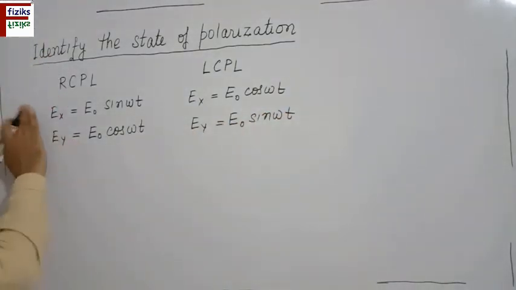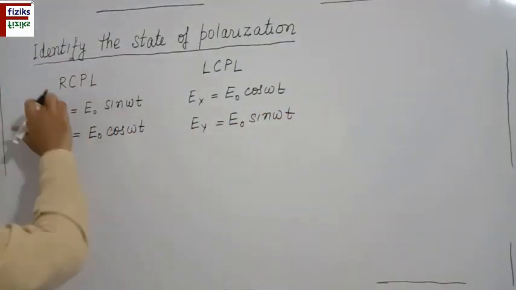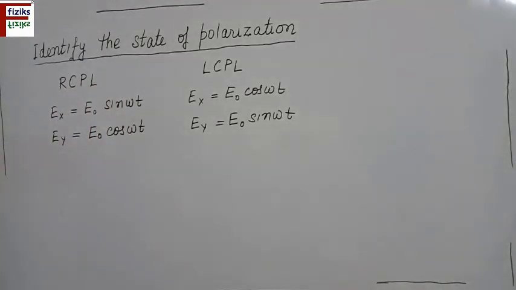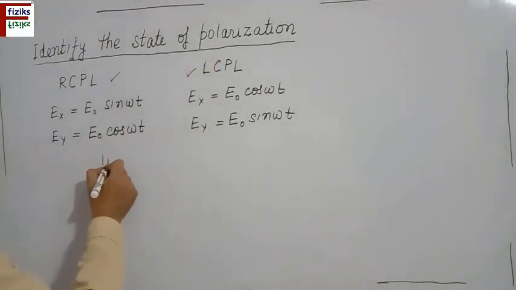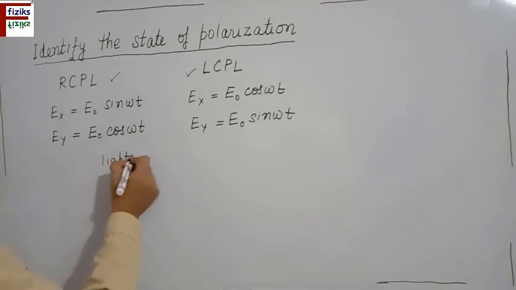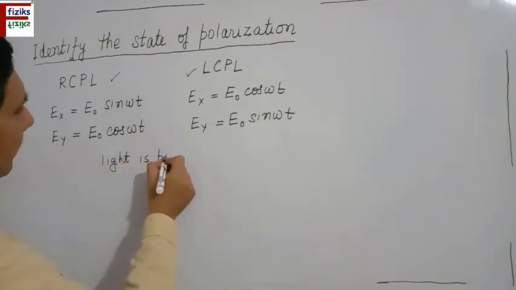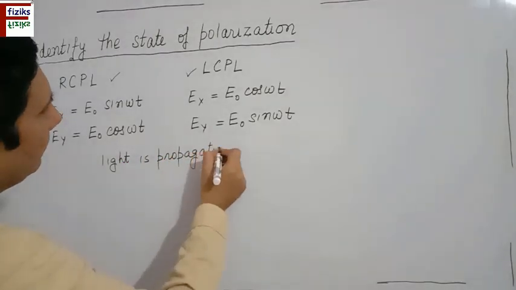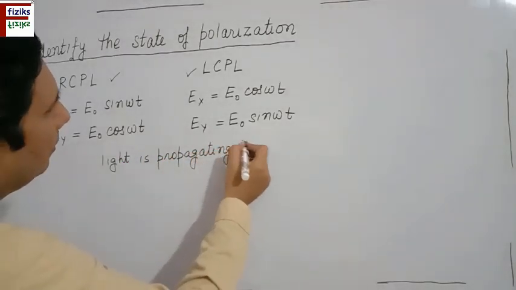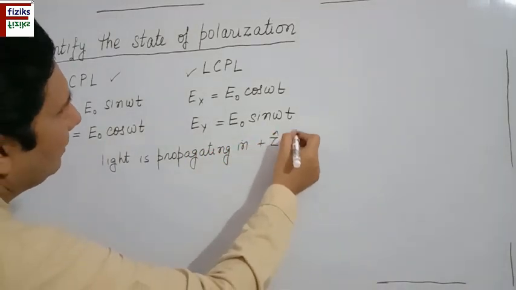And here, always remember, I am choosing these electric components for right circularly polarized and for left circularly polarized light. But these two are the correct examples only when light is propagating in the positive z cap direction.